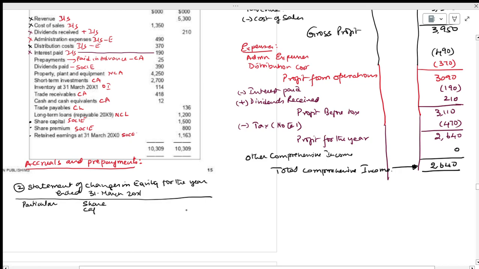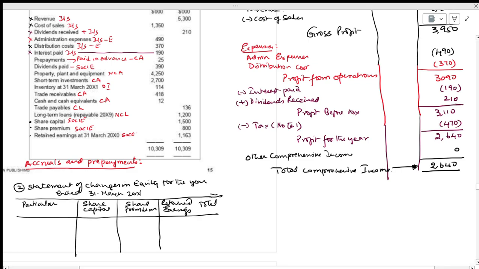If there is, you put a column. Share capital, share premium, retained earnings, total. Nothing will happen, nobody will see, that is the understanding. By practice we can understand this.